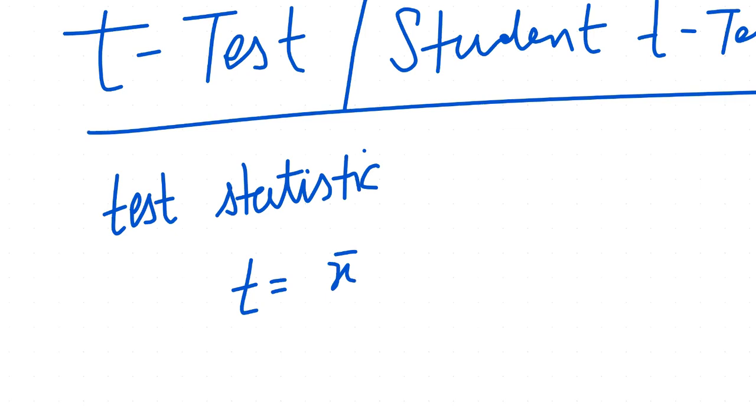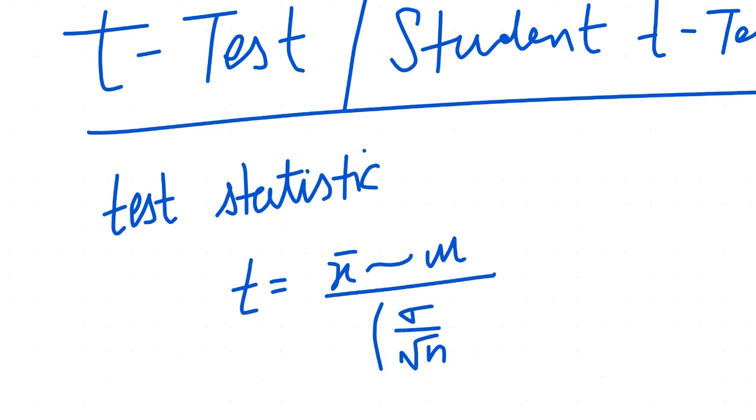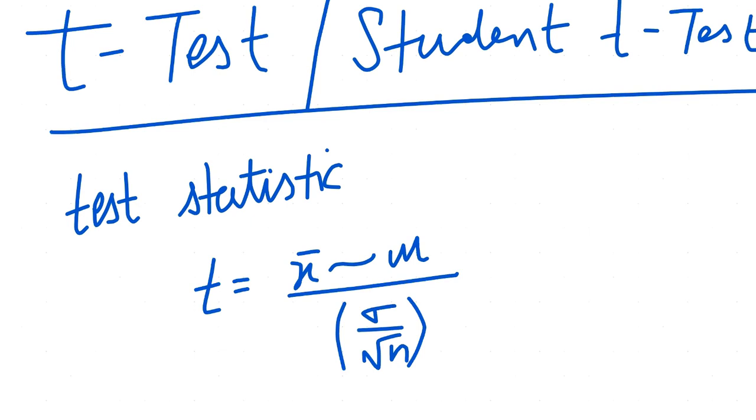Like we take first which is greater. So x bar's difference with the mu, over SD standard deviation, or we can take sigma also. Remember, sigma over square root of n. This is the formula, okay? You can say test statistic. And now let us do one example.